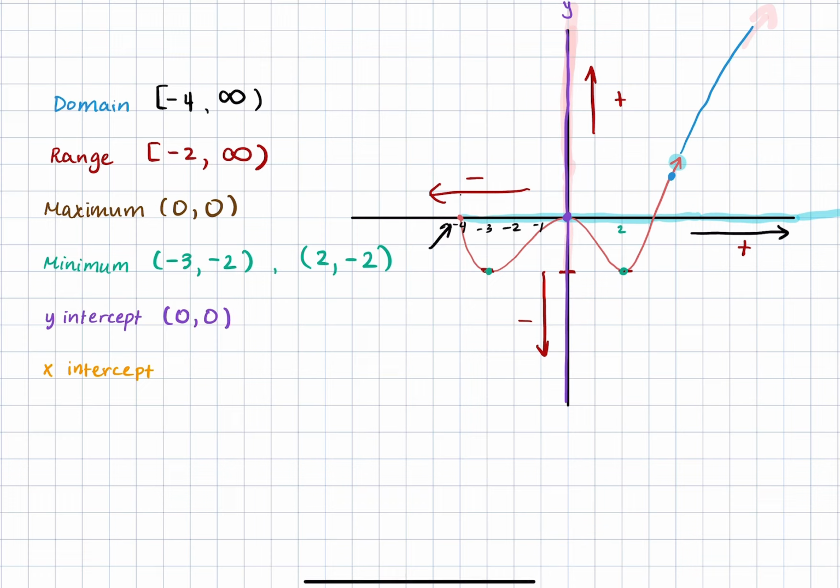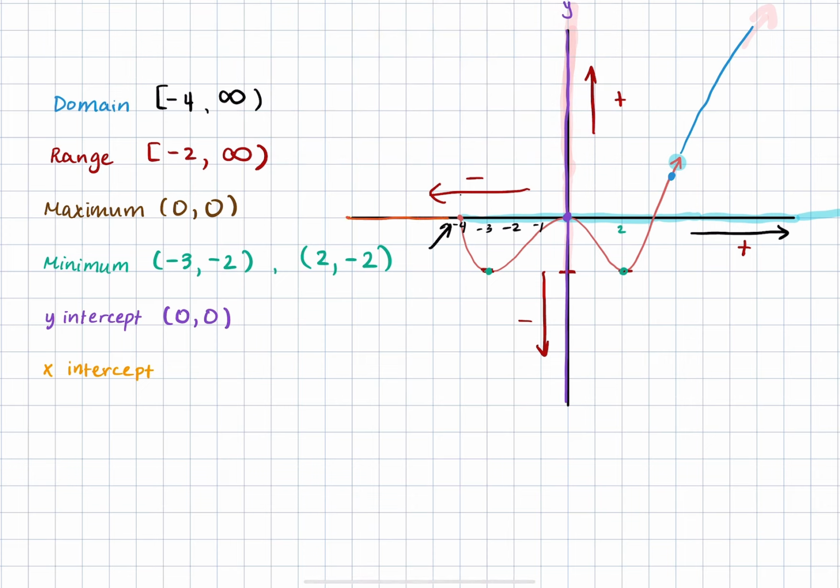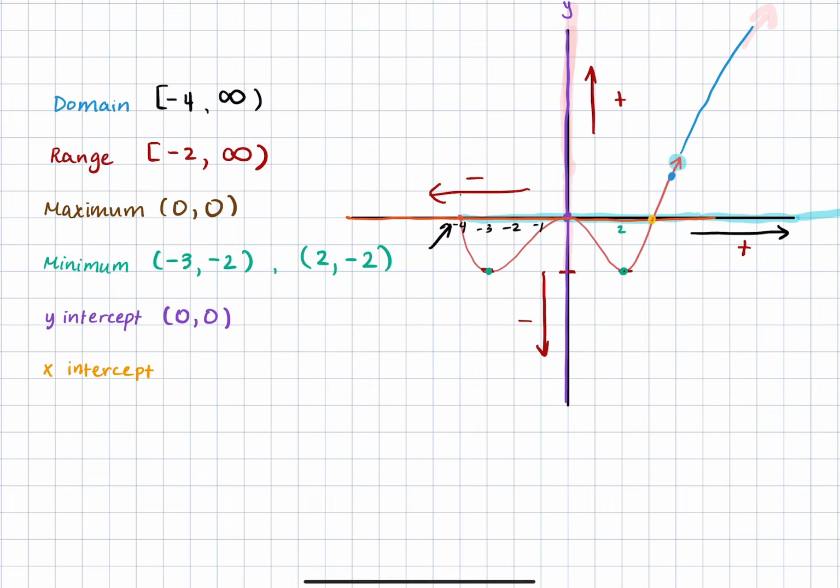And the x-intercept, we're looking for the points that touch the x line. So the x line right here, the x line right here. And we have a point right here. I'll use a different color. So we have a point right there, right here, and right here.